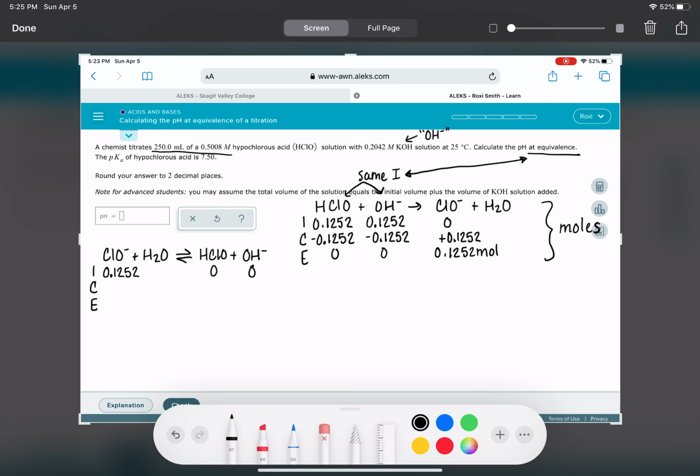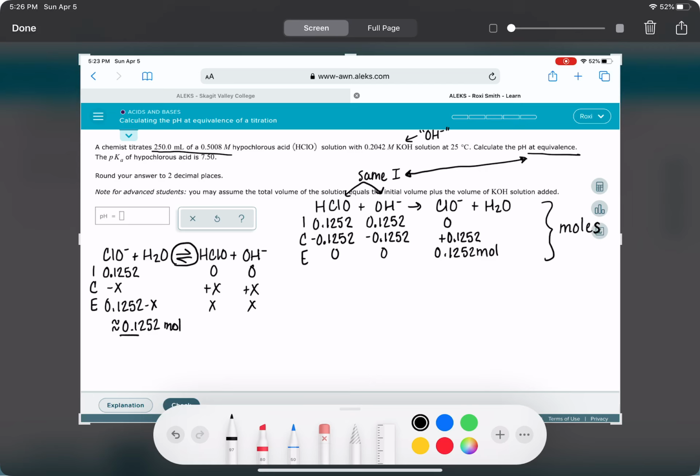Now this time we have no idea how much of it's reacting, because this time we are in equilibrium, so we have no idea. 0.1252 minus X, which we assume is just 0.1252, and X. We got to watch out. This is moles.